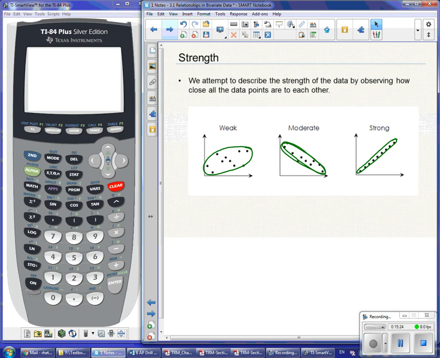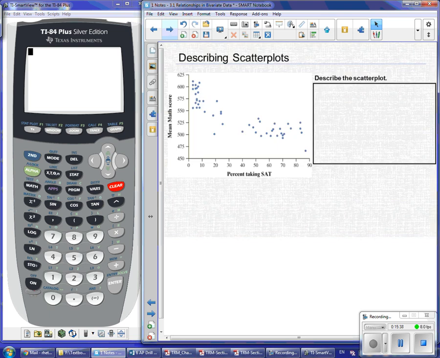We first start off just giving our impression of a scatter plot and saying, yeah, it looks weak, it looks positive, it looks like it could be a straight line. But then we'll start putting numerical summaries to the data to make it less subjective and more objective. So for example, this scatter plot gives you data on the percentage of students taking the SAT in different states and the mean SAT score.